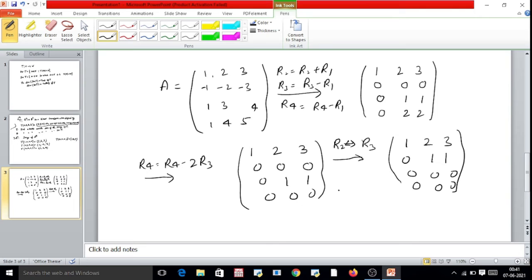Here we have two non-zero rows, two independent rows, so the rank of this matrix is 2. So the dimension of the image is 2. Since both of them are independent, they make the basis. Thus (1, 2, 3) and (0, 1, 1) form a basis.